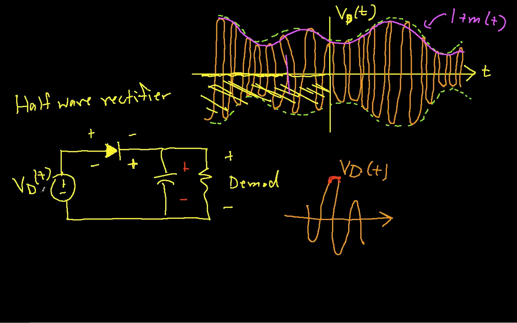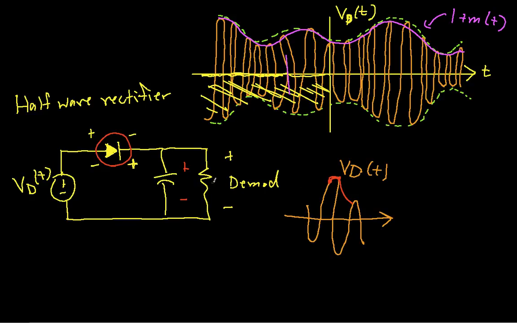And then V sub D starts to go down, which means that the capacitor voltage is now going to be higher than V sub D, which means that this diode then shuts off like a switch. And then the capacitor will start to discharge through this resistor. So I get something that starts to happen like this.